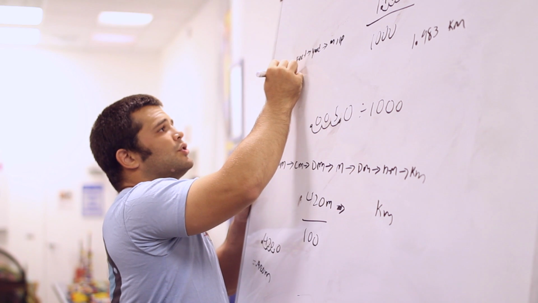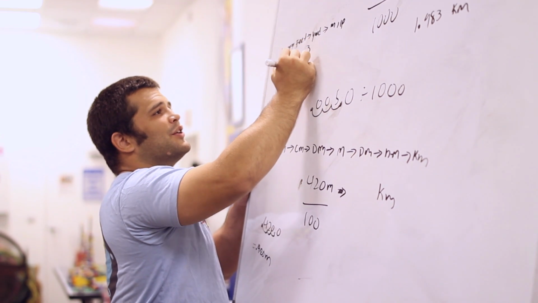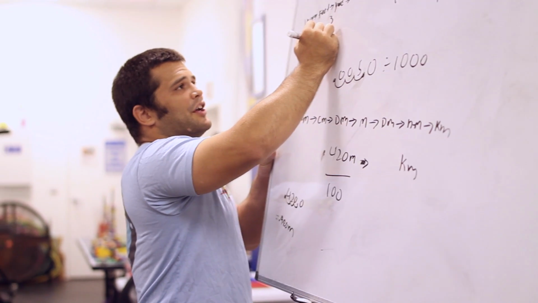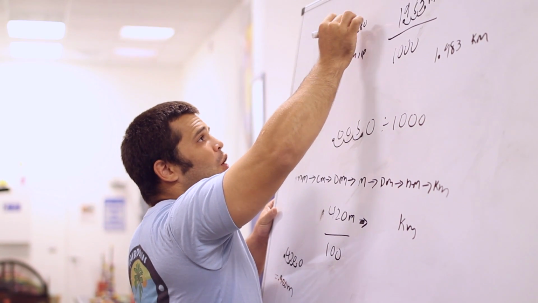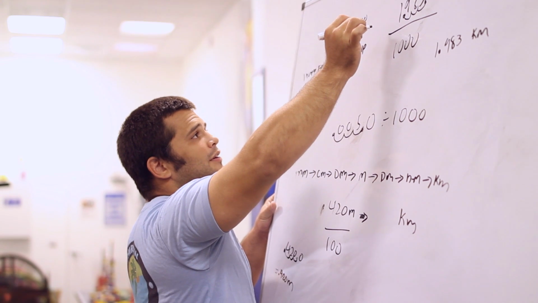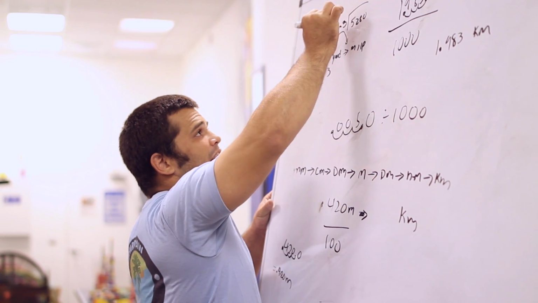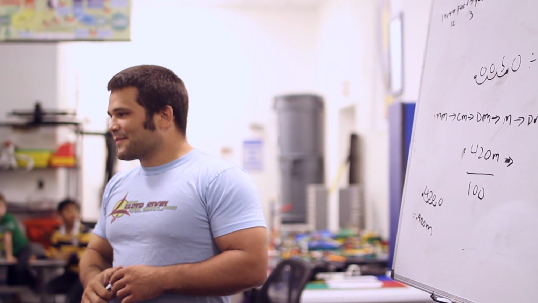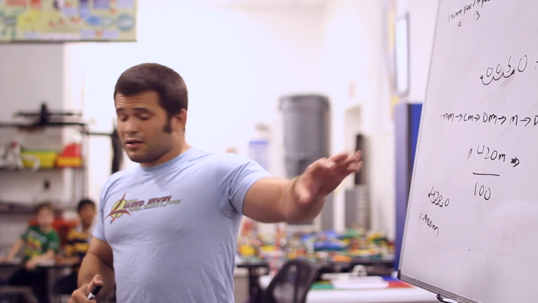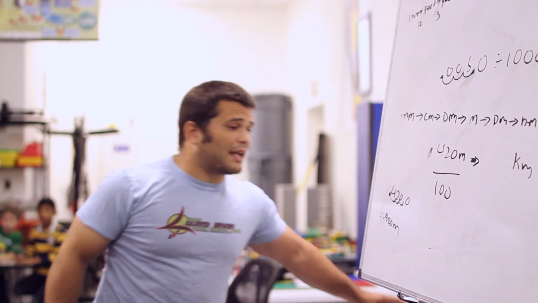How many? 12. How many? 3. How many? 5,280. And then you divide that by 3, and it gives you this, right? 1,760. That's cool. That's awesome. You like that, right? You guys understand that? Yes, sir. Well, remember this. Pay attention, little one.